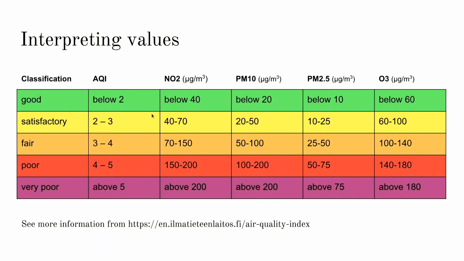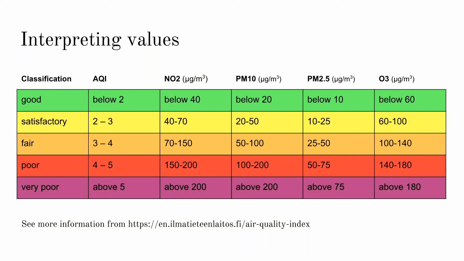If the air quality index is below 2, air quality is very good. It means that all the other values are below this one. Air quality is calculated so that you calculate the air quality index separately for each component that is used, so for each measurable pollutant, and then you choose the highest one.